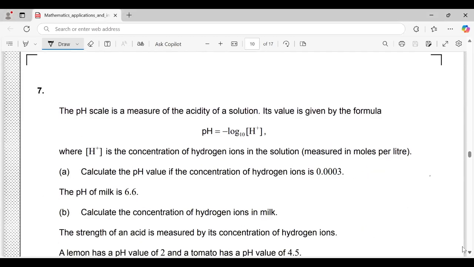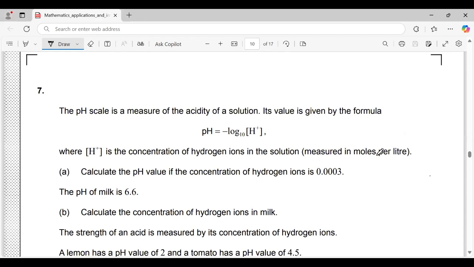Number 7, the pH scale is a measure of the acidity of a solution. Its value is given by the formula pH equals minus log of H plus, this is hydrogen positive, where hydrogen positive is the concentration of hydrogen ions in the solution.